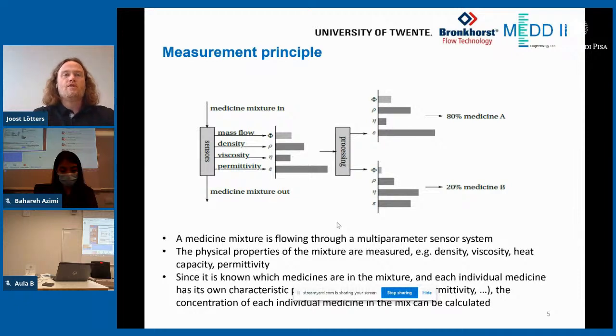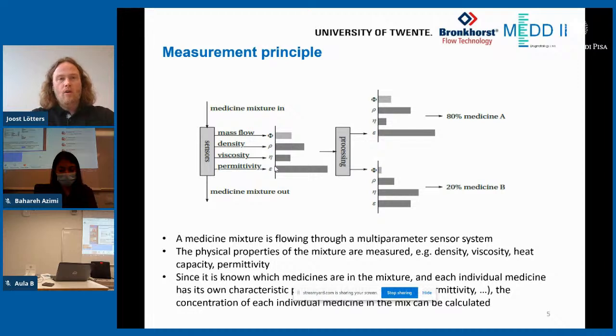So how does this measurement principle work? Here you see the multi-parameter sensor very schematically. Here we have a mixture of only 2 drugs, drug A and drug B. The mixture goes into the sensor system, and of course it leaves the sensor system again towards the patient. We can measure flow, density, viscosity, maybe other parameters like permittivity. This gives you the total parameter set of the mixture.